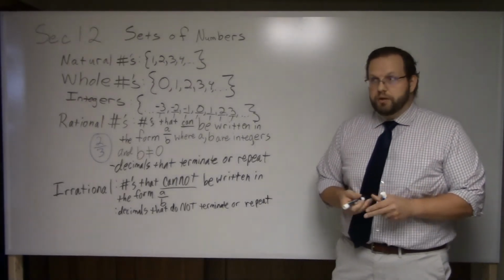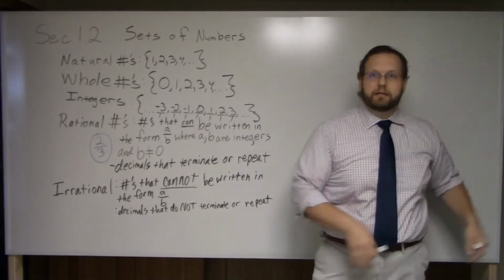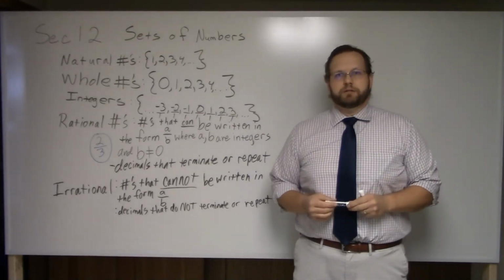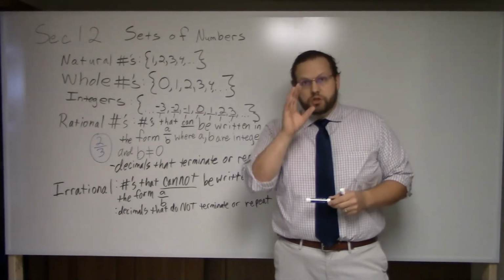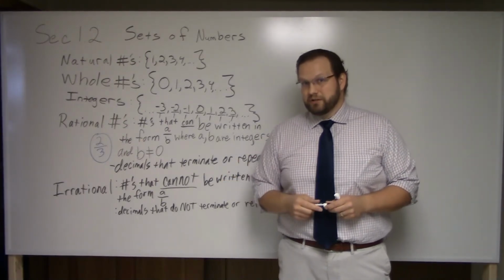So that would be like a 0.3947869... that goes on forever. That would be an irrational number. Also, square roots that don't come out nicely, like a square root of 7, that would be an irrational number.